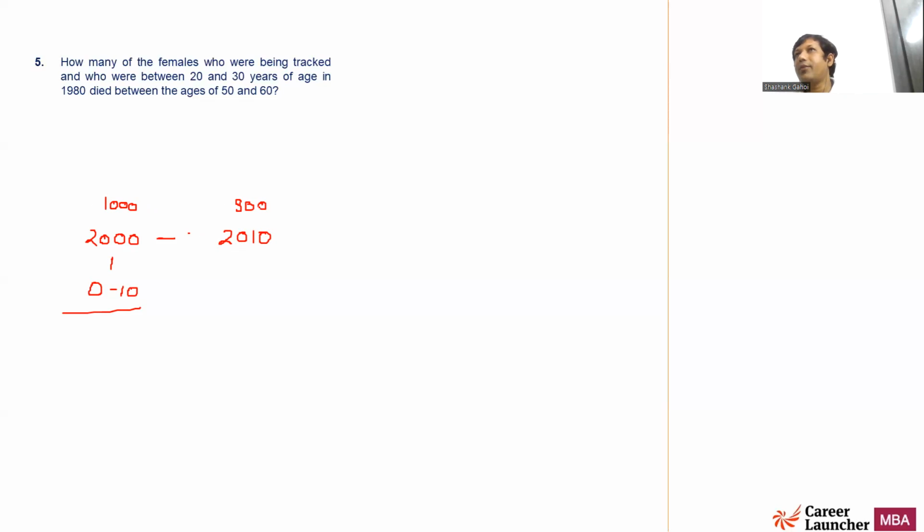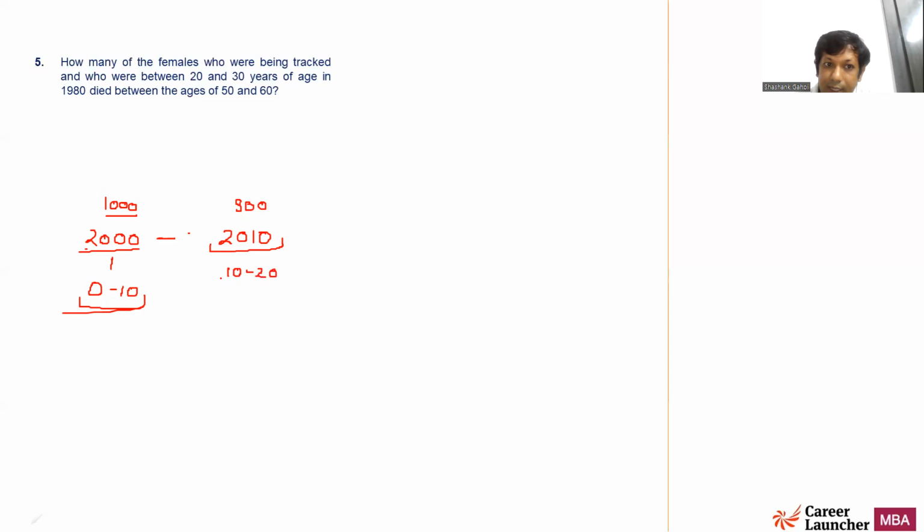Now 100 people have died. What is their age group? The people who died, what is their age group? Actually, the age group is not going to be 10 to 20. The age group is in reality going to be 0 to 20. How 0 to 20? Because let's say in 2000, I have 1,000 people and their age group was 0 to 10. In 2010, if each one of them is alive, the age group is going to be 10 to 20.